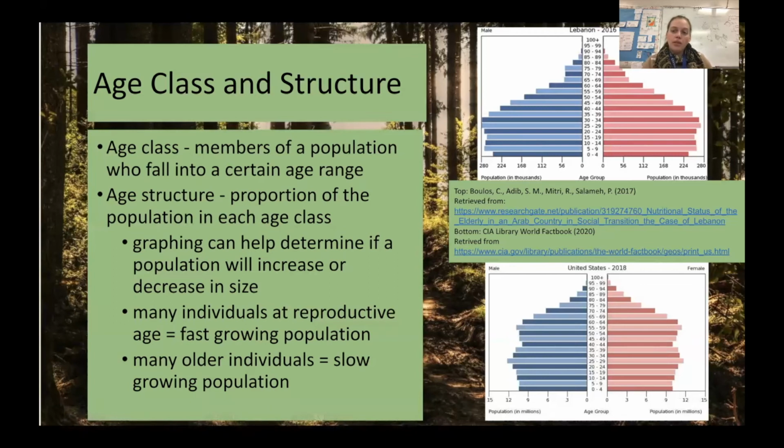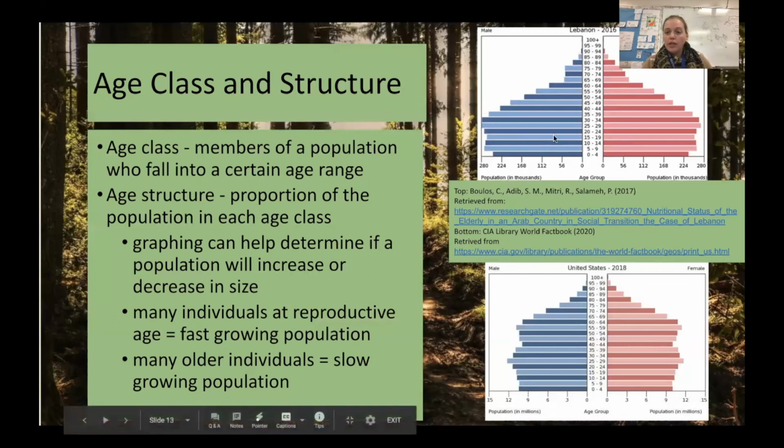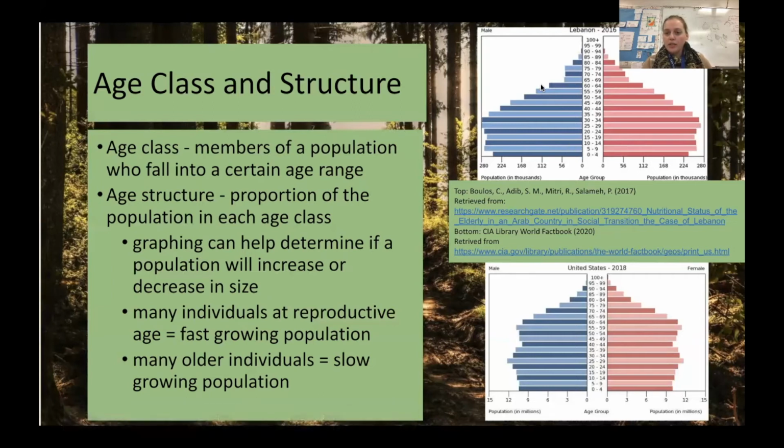If you wanted a population that was decreasing, you would have an inverted pyramid. Very few young people and lots of people reaching the age of life expectancy. Again, you would still have a tapering off at the top, so it's kind of like a diamond shape. You would see an age structure diagram like that from Japan. They have lots of older folks and very few young people in that demographic.